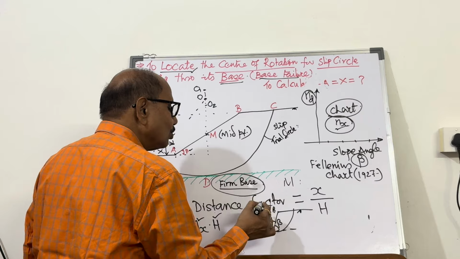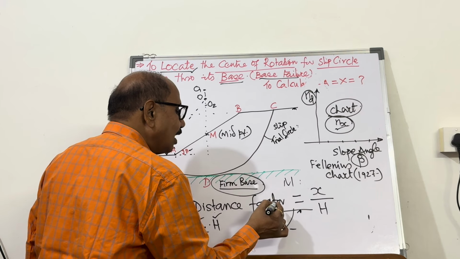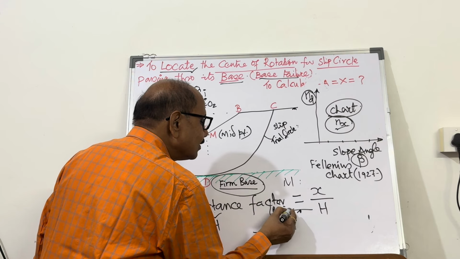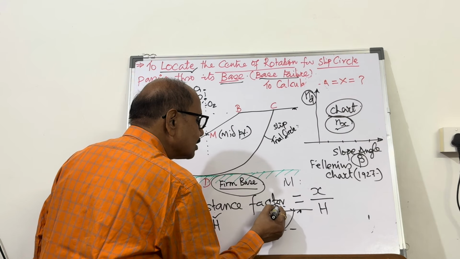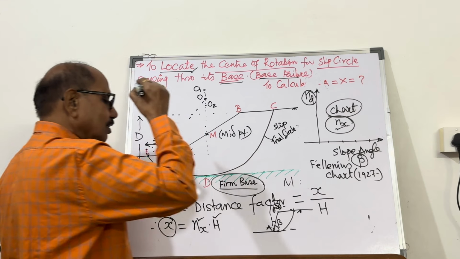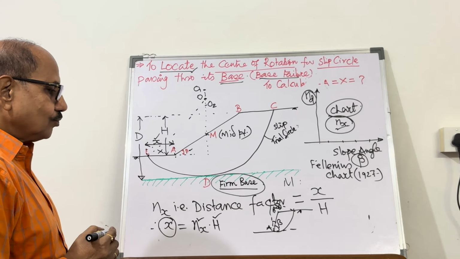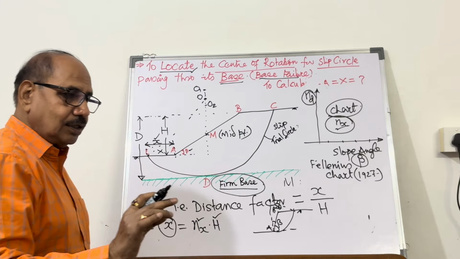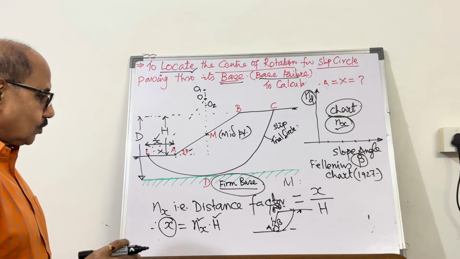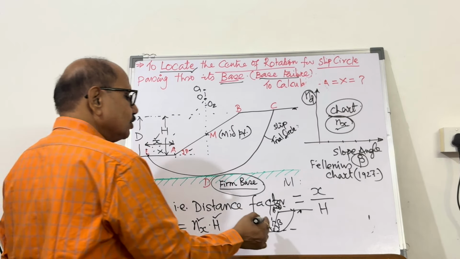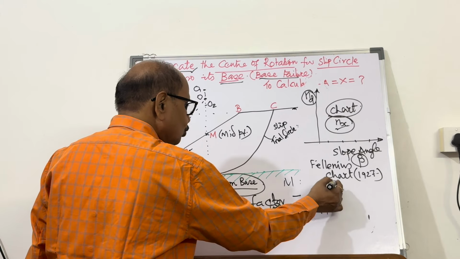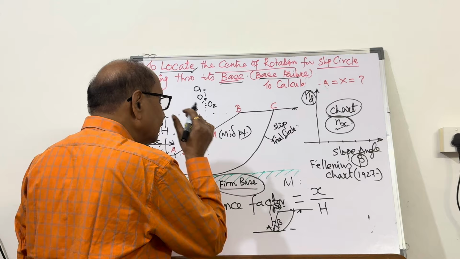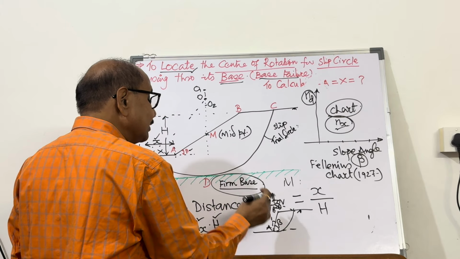You can also find out the angle theta from the Fellenius chart, and then you can find out this center location. So if the slope is up to 90 degree, it is very easy. If it is a toe failure, you can make use of the Fellenius chart, and you can always locate the center of rotation.